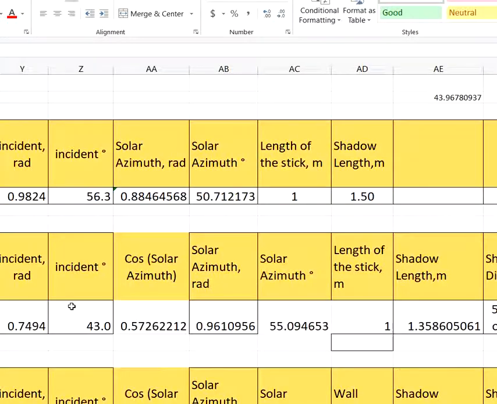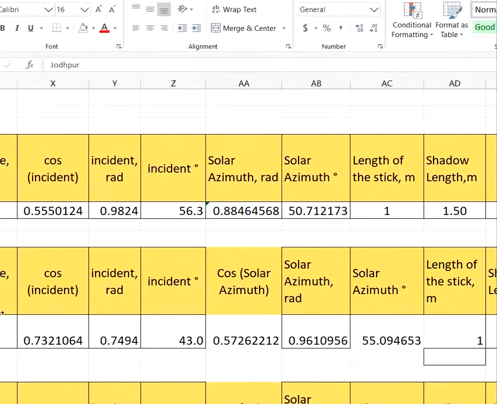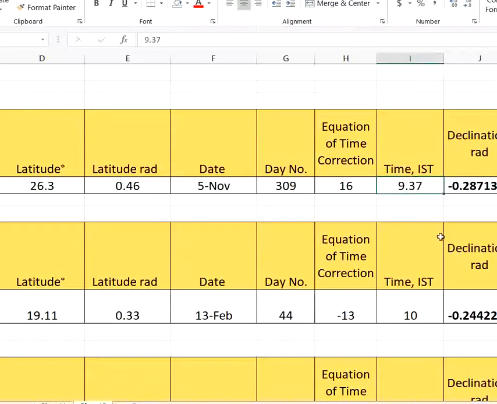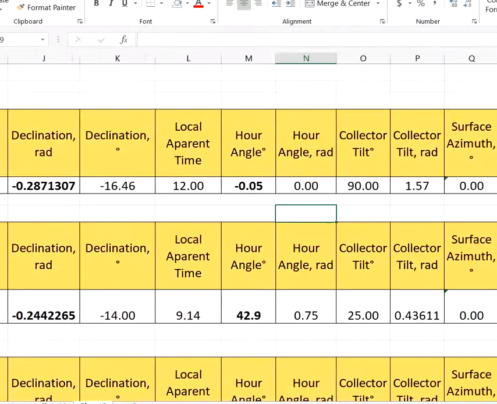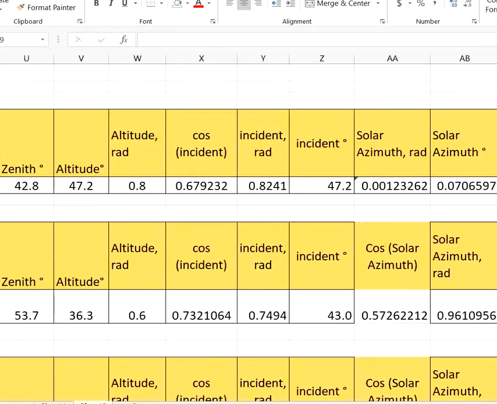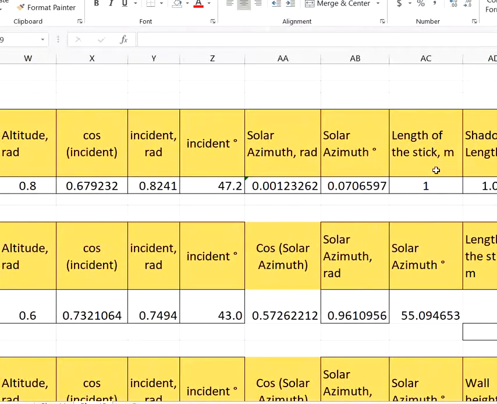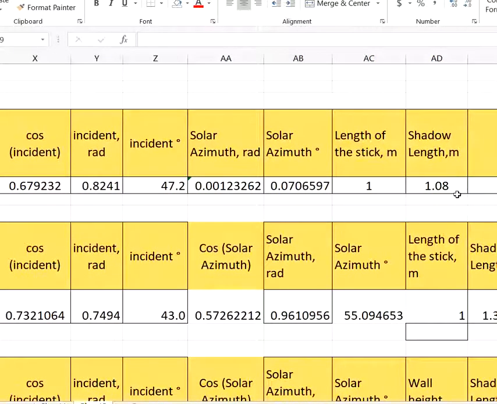Coming back here, time is 9.3, so if I set 12.37 here, you will get LAT 12. So at LAT 12, the length of the stick is 1 meter, and the length of the shadow is 1.08 meter.